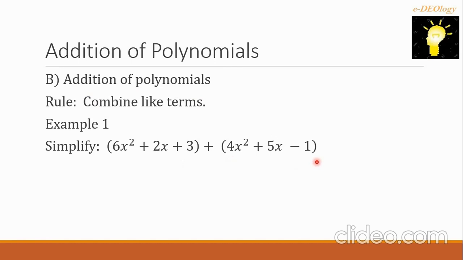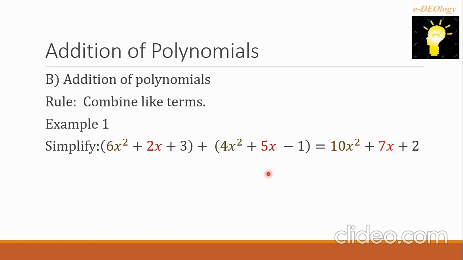So the rule says let us combine like terms. So the 6x squared is combined to the 4x squared. We will get this 10x squared. Next is the 2x and another 5x on the other group. We can put them together.